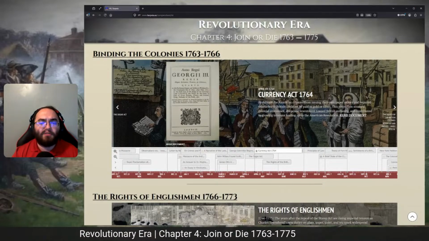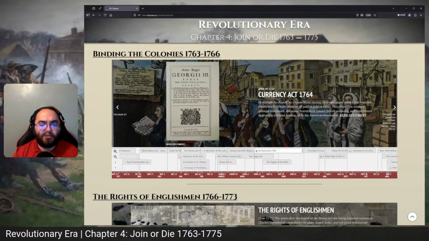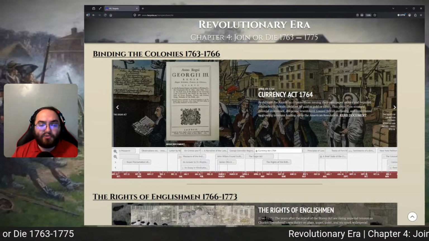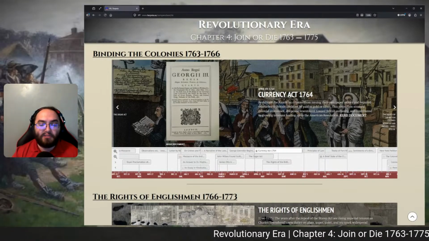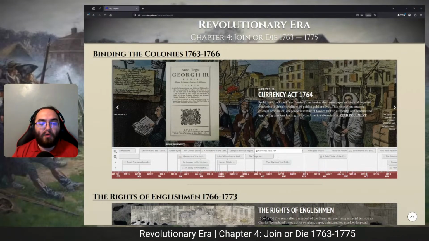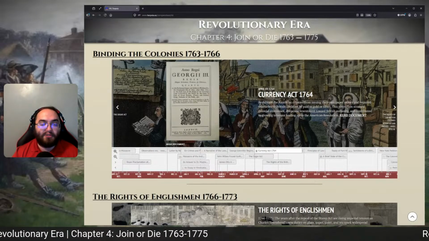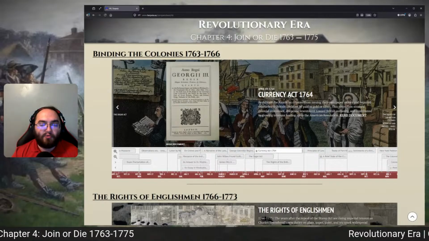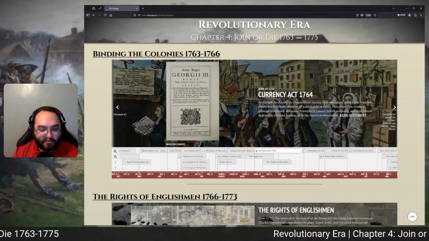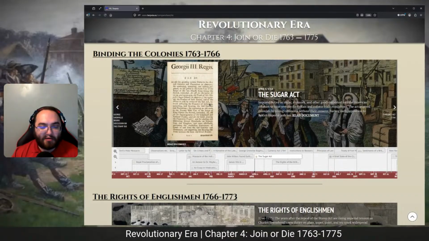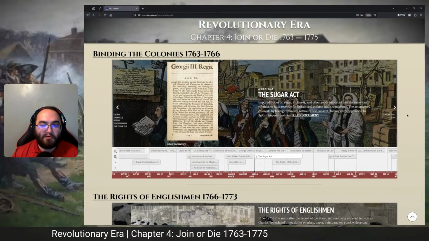And what it did was it prohibited the American colonies from issuing their own paper money, and required that debts to British creditors be paid in gold and silver, and also any new duties or taxes will have to be paid using British pounds.